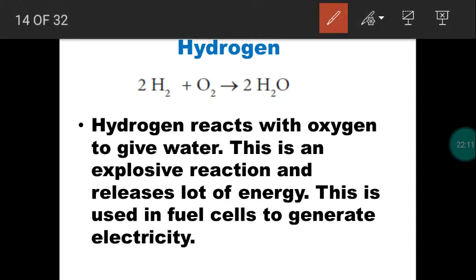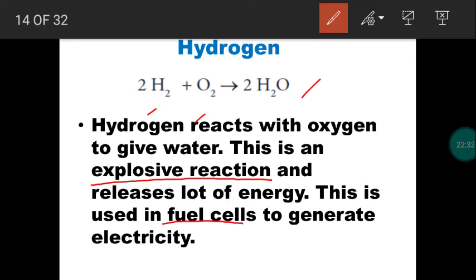So when hydrogen combines with oxygen, it produces water. The reaction is an explosive reaction. It produces a large amount of heat energy. So the reaction is done within a cell. So this is called a fuel cell, right? In your 12th standard you will study fuel cells.